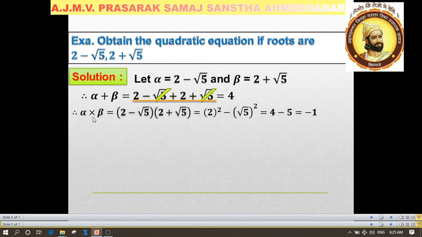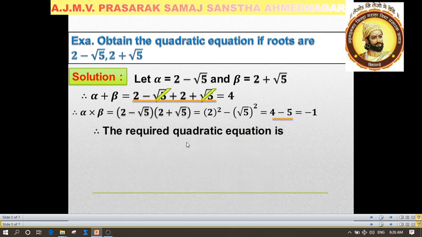Now product of the roots alpha into beta is equal to 2 minus root 5 into 2 plus root 5. It means that this is in the form (a minus b) into (a plus b). So we have a square minus b square. So 2 square is 4 minus root 5 square is 5. So 4 minus 5 is equal to minus 1. So product of the roots is equal to minus 1 and sum of the roots is equal to 4.